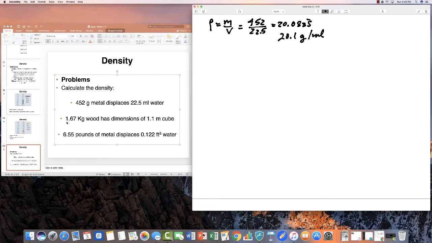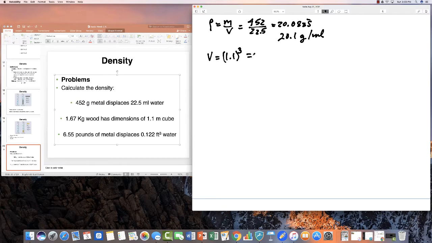The second here is a 1.67 kilogram, be careful there, piece of wood that has dimensions of 1.1 cubed, okay? So the volume of a cube is the side of the cube raised to the third power.